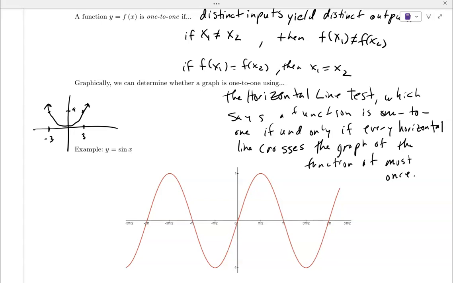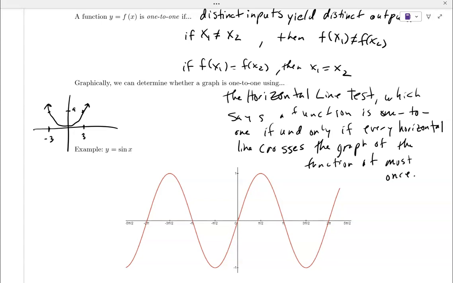That's what the horizontal line test means. You also probably remember the vertical line test. That tells you whether or not a graph represents a function, right? Horizontal line test tells you if you're given a function, is it a one-to-one function?